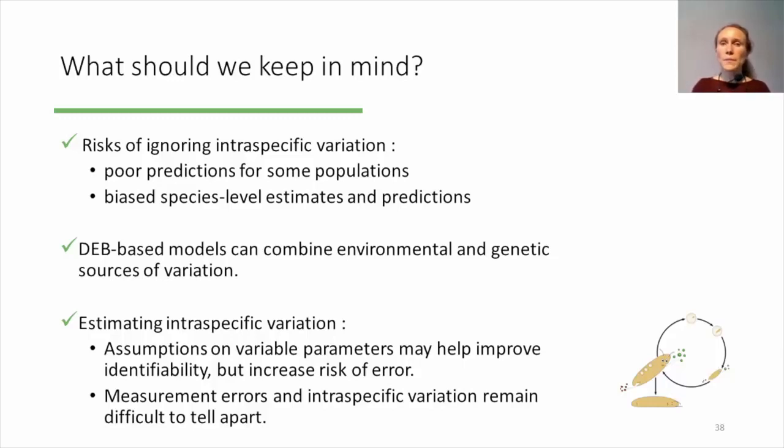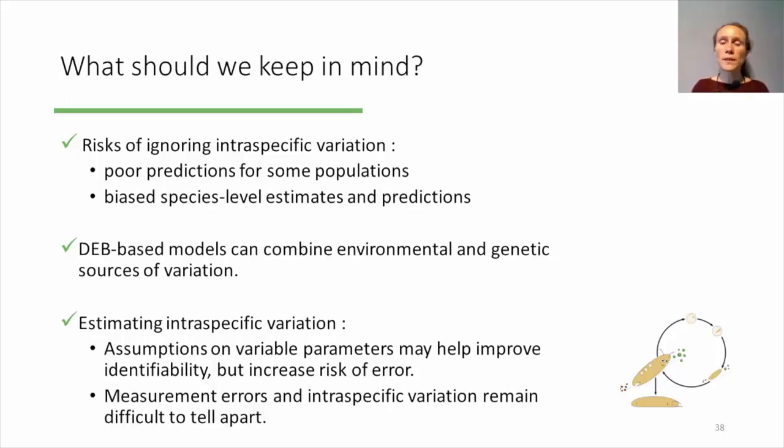Then we had a look at how DEB-based models combine environmental and genetic sources of variation. We recalled the kind of reaction norm that we can generate and linked these concepts to classical concepts in evolutionary biology.